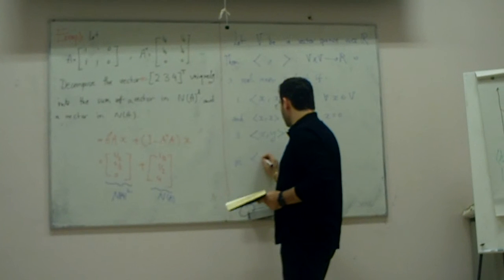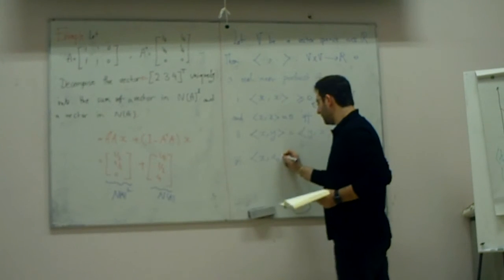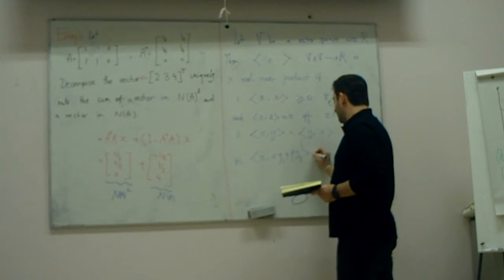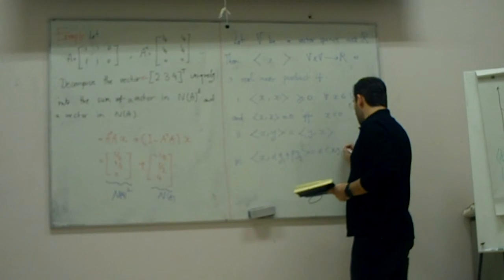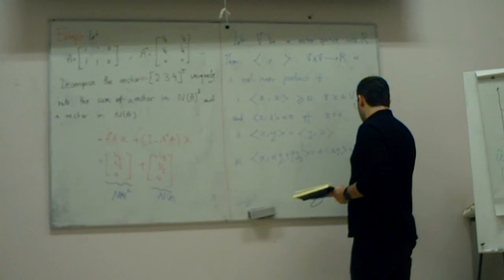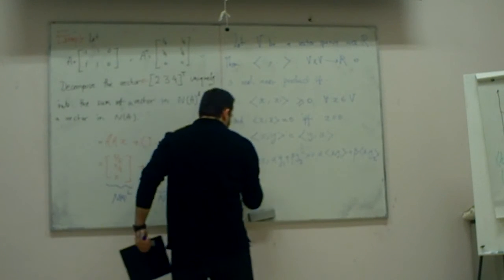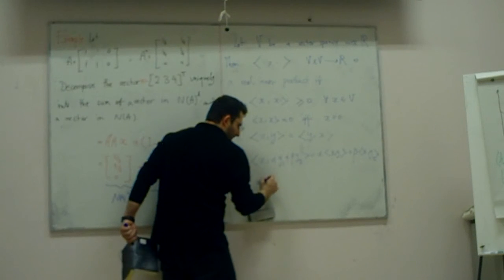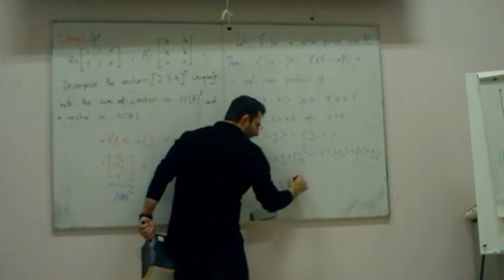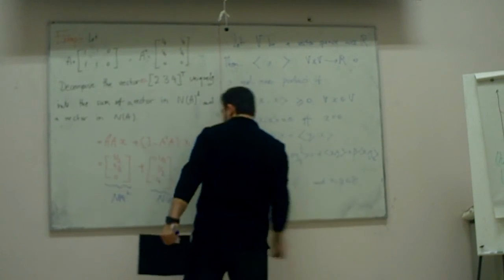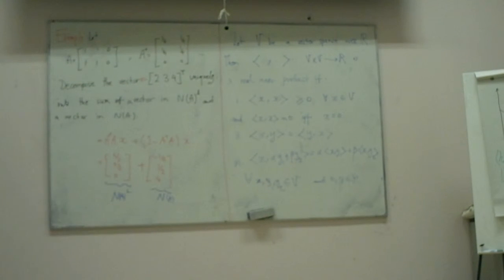And the third one, x inner product with alpha y1 plus beta y2 is alpha inner product of x and y1 plus beta inner product of x and y2, for all x, y1 and y2 belonging to V and alpha and beta belonging to, of course, R. So as we are defining it for R, we can define it also for C, complex.